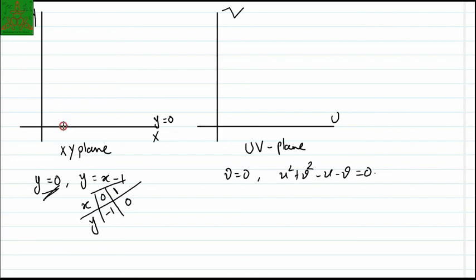So this is the point (1, 0), and this is the point (0, -1), and you have a line joining these 2 points, which looks like this. This is the line y = x - 1, and this is the line y = 0.